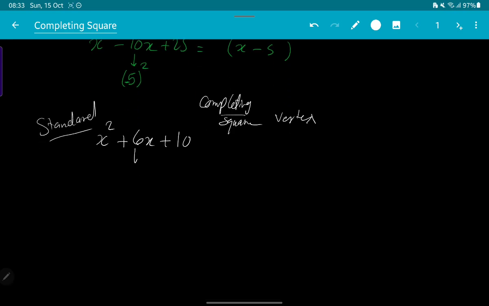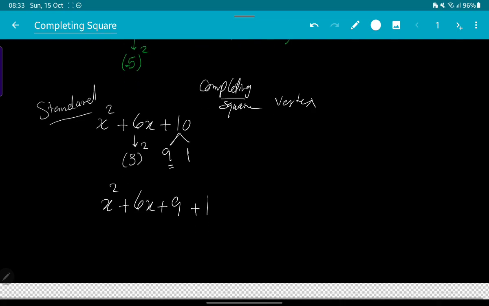Now our test: half of 6 is 3. 3 squared is 9. So this is not 9. How to change positive 10 to be 9? We can take 9 and keep the 1. Again, we can divide the 10 into 9, the number that we need, and 1, which is the remainder. So now we can write x squared plus 6x plus 9 plus 1.